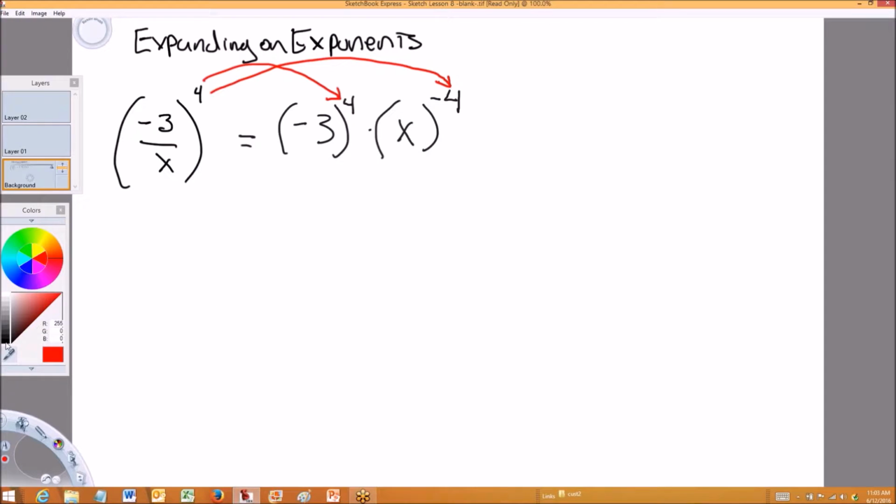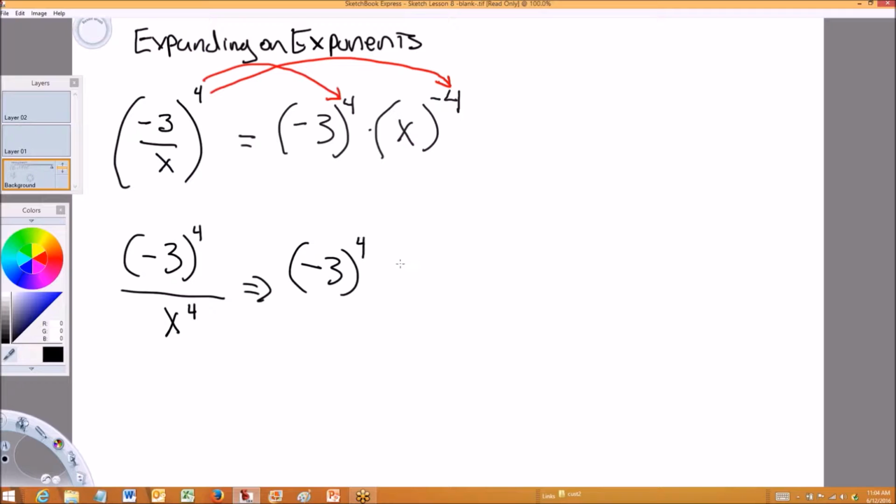Another way to write this, the exact same thing, is these are equal. And carrying it across this way, the exact same thing. This comes up.